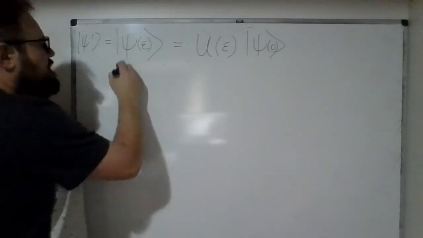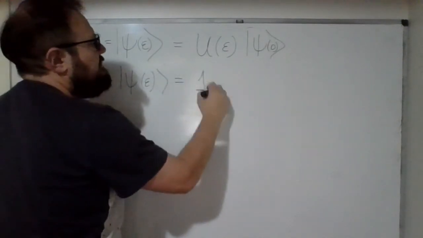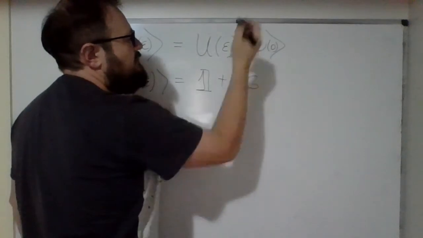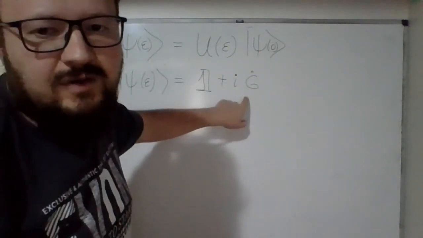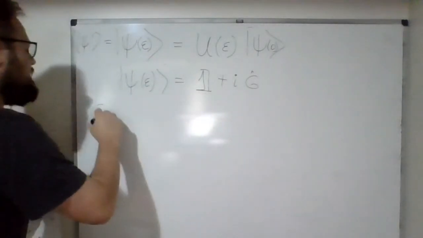And in this case, we have the psi of epsilon is equal to the identity times the imaginary i times some matrix G, which is called the generator. So there are generators of the transformation.